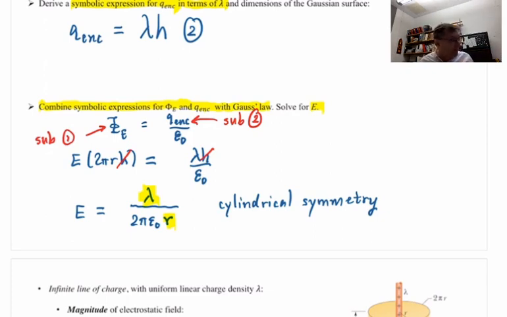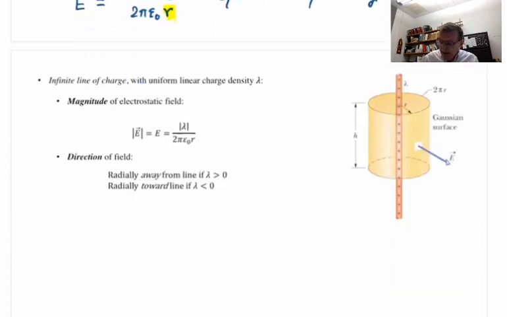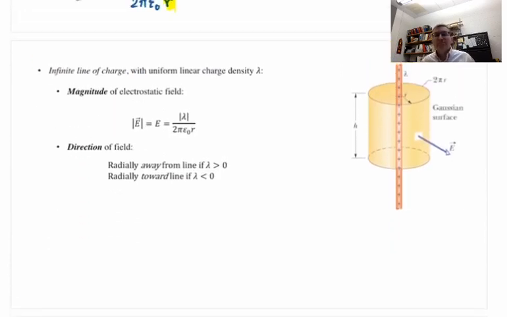Okay? So this is the result we use if we have a very long line of charge, because that has cylindrical symmetry. So here's a picture showing the line again and the Gaussian surface that we picked. And the property of the line is the lambda, linear charge density of it. And again, this picture shows the lambda as a positive quantity. And it shows one electric field vector out there on a Gaussian surface at a distance r.